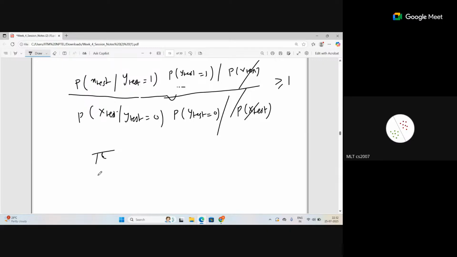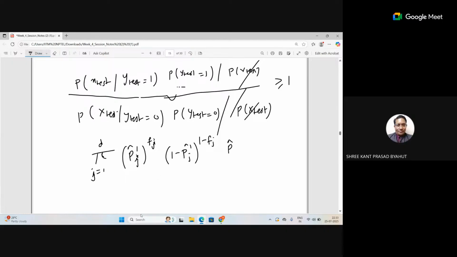So what is the upper part here? It is the product over j equal to 1 to d of p_j hat 1 to the power f_j, into 1 minus p_j hat 1 to the power 1 minus f_j, into p hat.